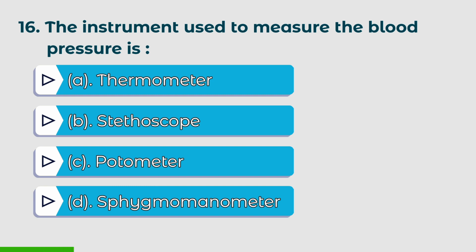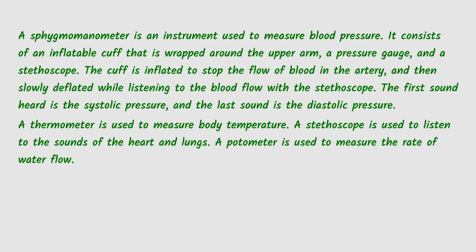16th question. The instrument used to measure the blood pressure is: options A. Thermometer, B. Stethoscope, C. Potometer, D. Sphygmomanometer. The right answer is D. Sphygmomanometer. A sphygmomanometer is an instrument used to measure blood pressure.